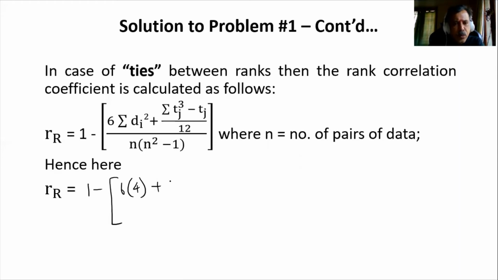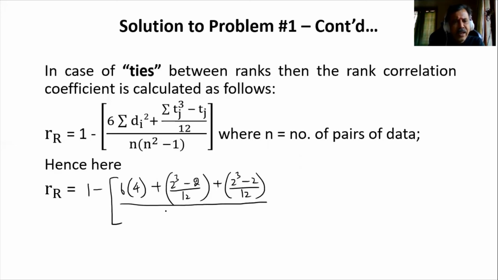So t1 is 2 cubed minus 2 by 12, and t2 is also 2 cubed minus 2 by 12, the whole thing divided by n, which is 6 pairs, 6 into 6 square minus 1, where 6 square is 36.